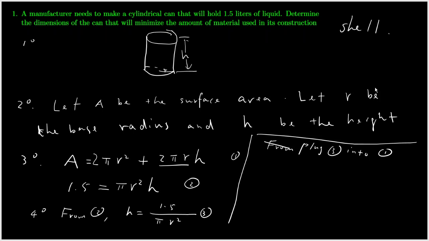Now watch. Again, in this step, we want to write A, the surface area, as a function of only R or H. You're going to see what's going on. The surface area now is equal to 2 pi R squared, and then plus 2 pi R H.